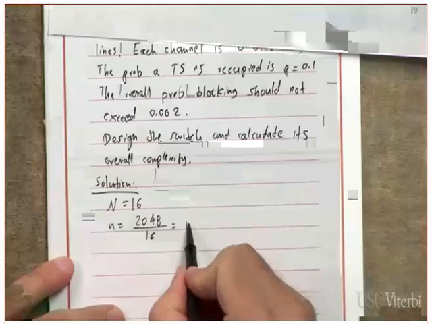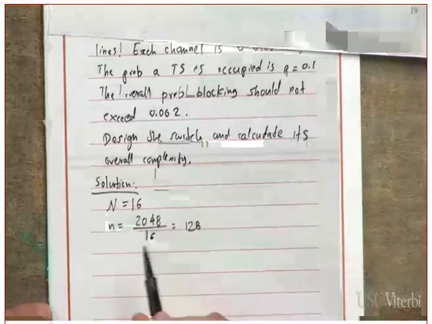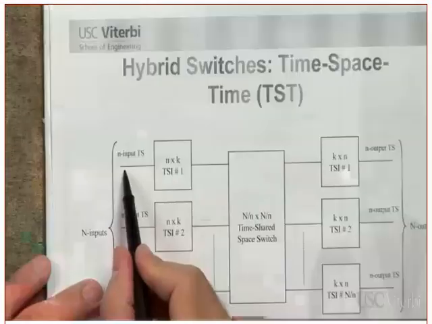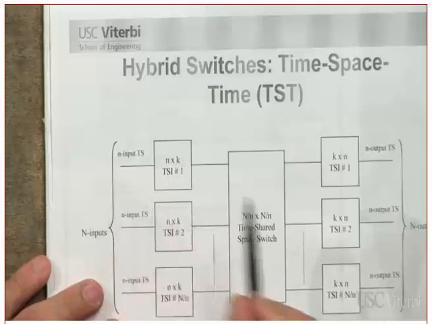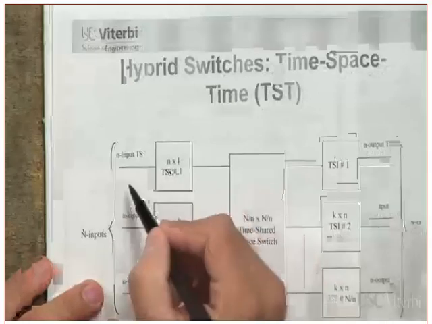Okay, so let's quickly deal with blocking. The probability of blocking is equal to the probability that all paths are busy, that's the standard thing, right?